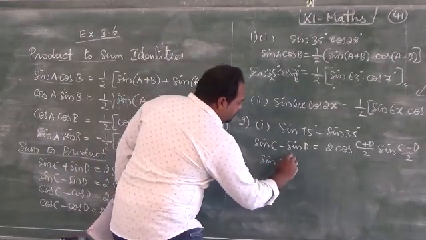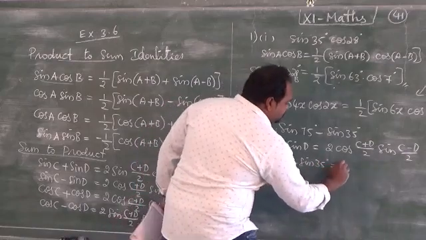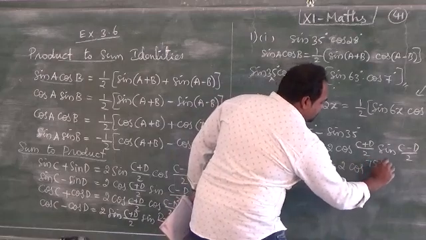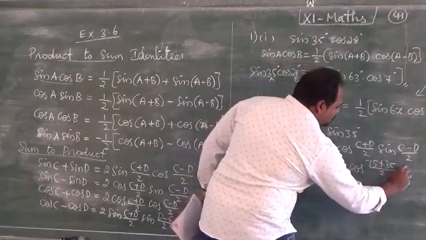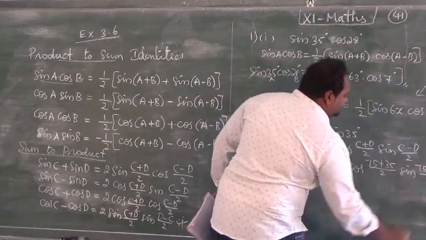Sin 75 degree minus sin 35 degree can be written as 2 into cos((75 plus 35) by 2) sin((75 minus 35) by 2).